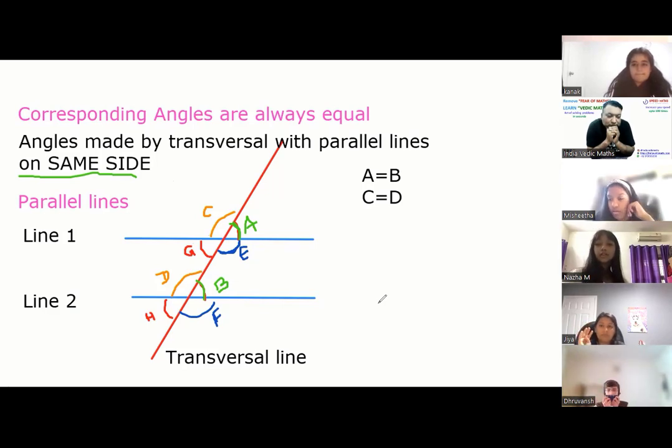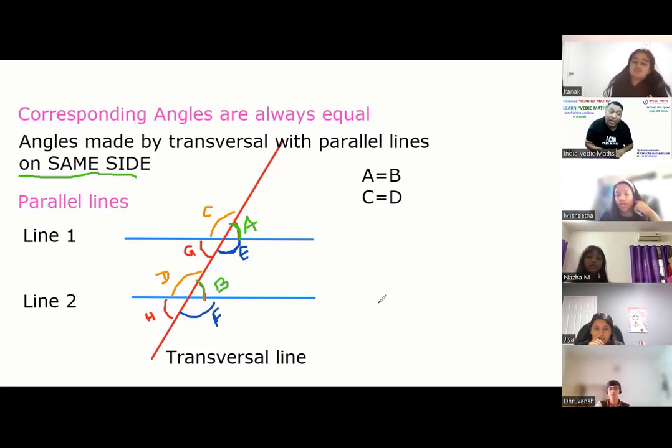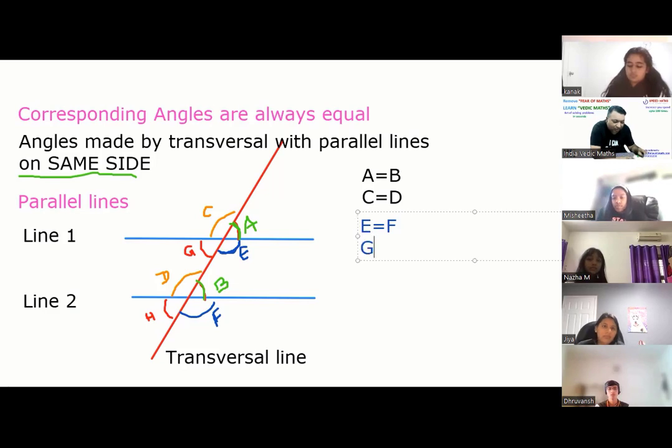Yes, sir, they're equal because both are on the left side and bottom of the line. Agree. So corresponding angle is an angle made by transversal with parallel lines but on the same side. If you understand the same side concept, then it's very easy. So A is equal to B, C is equal to D, E equal to F, and G equal to H.